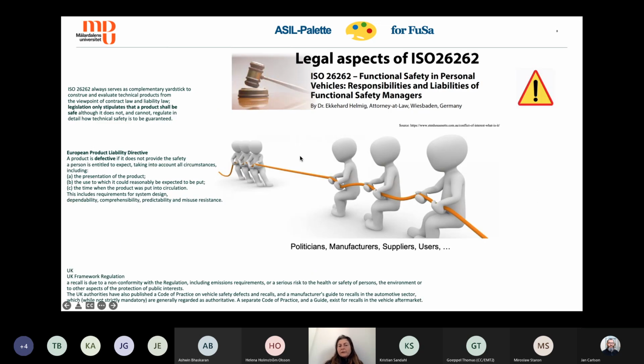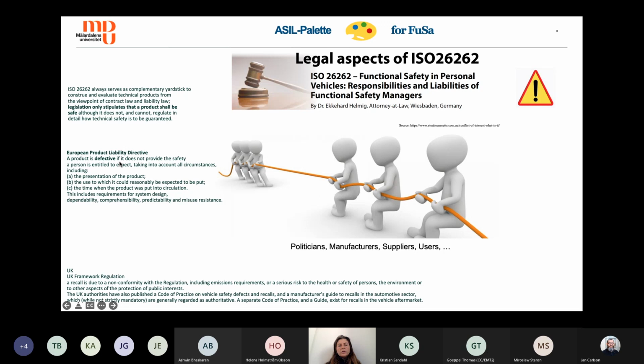So if you are tempted, I remind you that there are legal aspects associated to ISO 26262, and not only to ISO 26262, but it has to be stressed here that typically legislation only stipulates that the product shall be safe, and then it relies on standards where the technical expectations are stated via a consensus-based process.